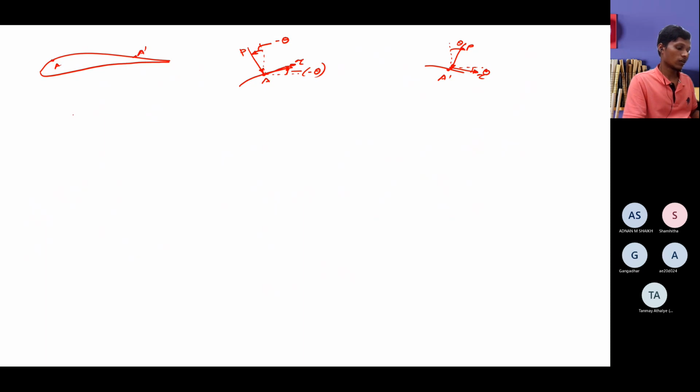And then if you want to find out the small normal force acting at this elemental length, the equations are like dN_u equals minus p_u ds_u cos theta minus tau_u ds_u sin theta. Here the subscript u represents the upper surface of the aerofoil, and ds_u is a small elemental length on the upper surface.